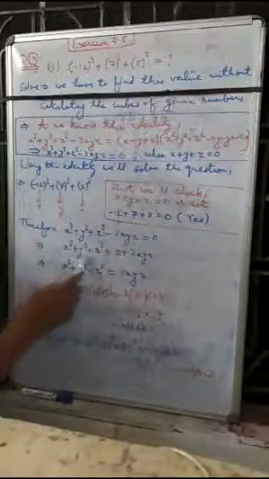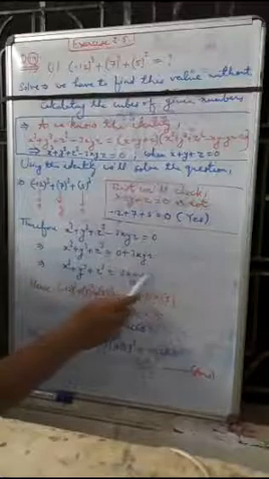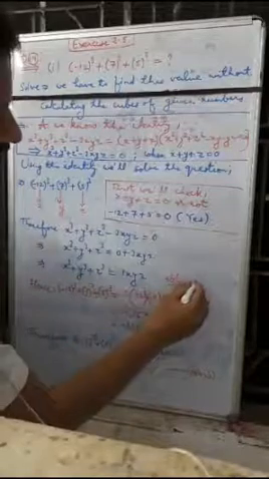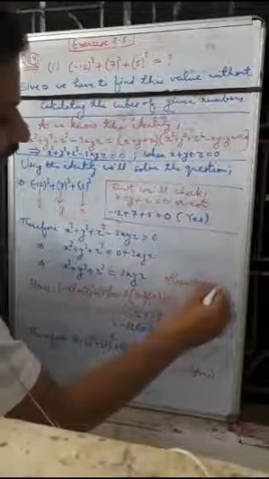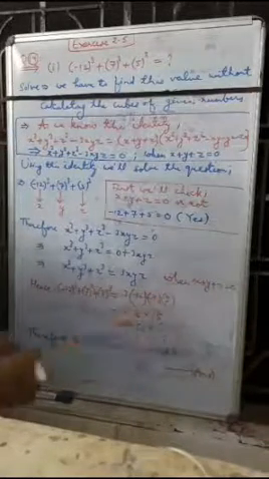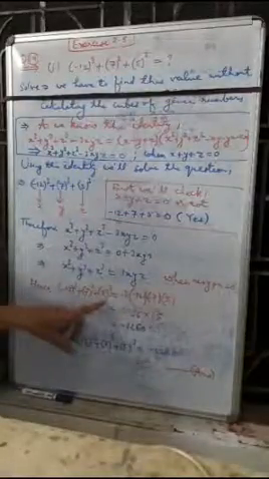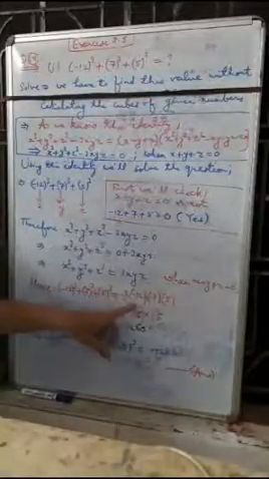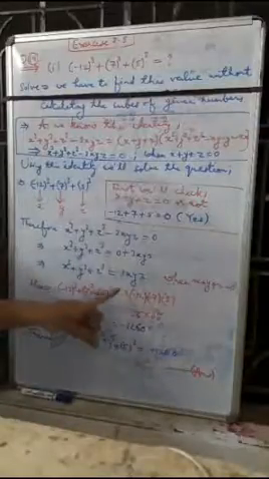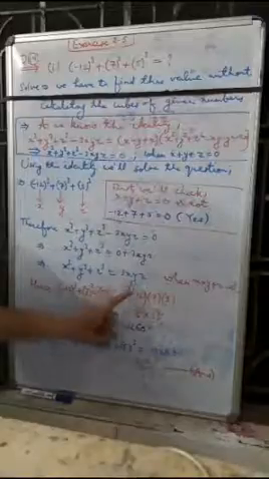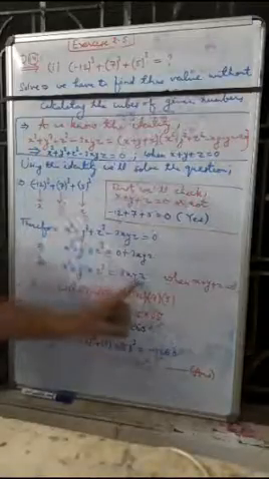So x cube plus y cube plus z cube is equal to 3xyz, when the condition is x plus y plus z is equal to 0, always. So put the values here: minus 12 cube plus 7 cube plus 5 cube is equal to 3 into x, y, z, where x is equal to minus 12, y is equal to 7 and z is equal to 5.